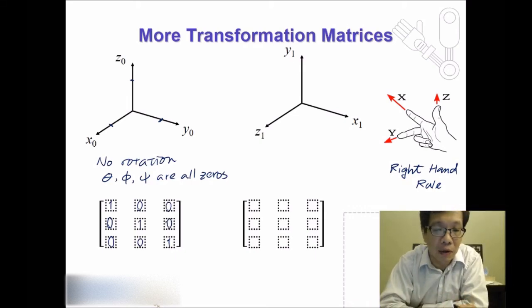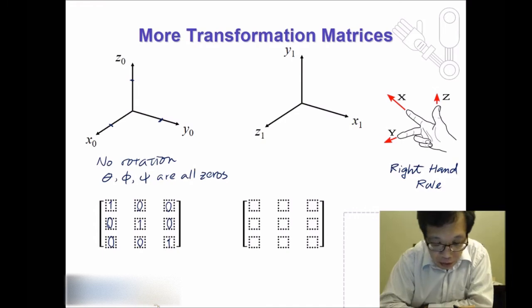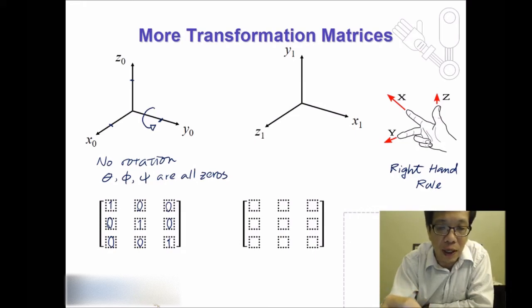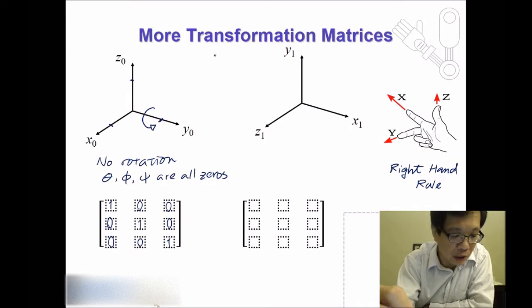And that is how we're going to determine the transformation matrix. If we rotate along a specific direction, for instance, if I rotate 90 degrees about the y0 direction, the new coordinate system is going to look like this.